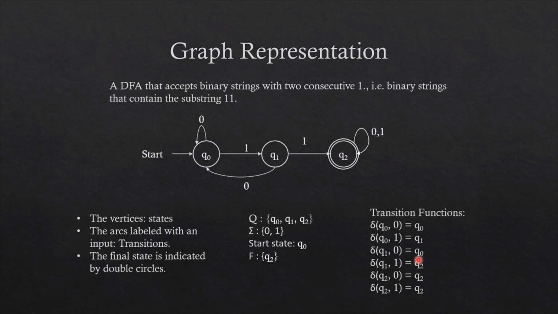As you can see here, the output of a transition function is just one single state. Every transition function returns just one state. The automaton cannot be in 2 different states at any given moment. That's why we call it deterministic.